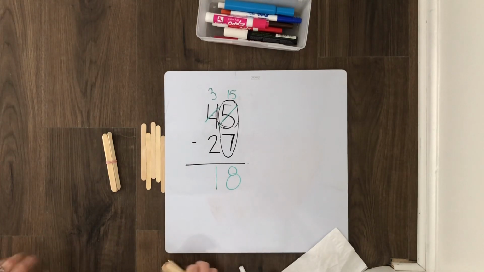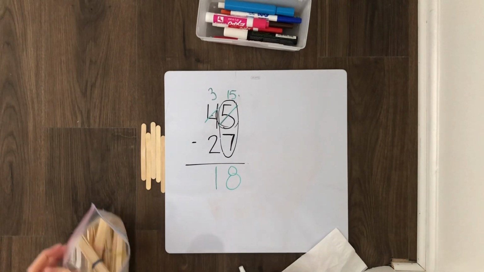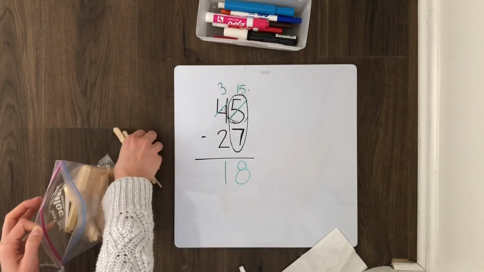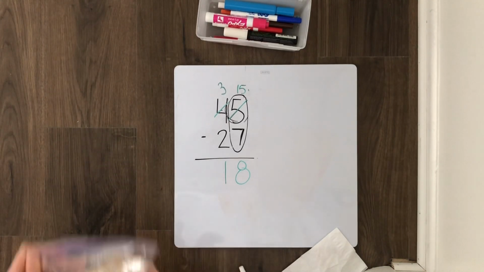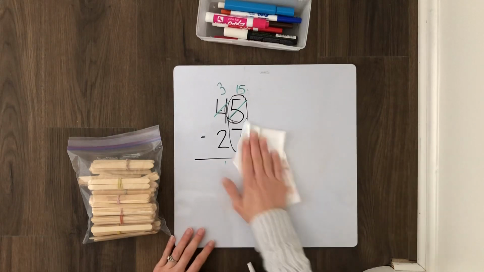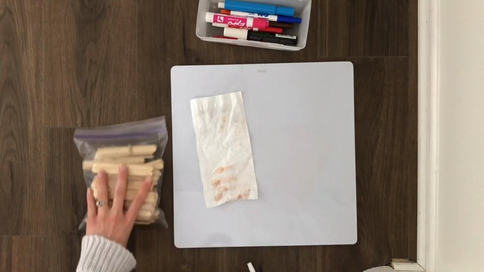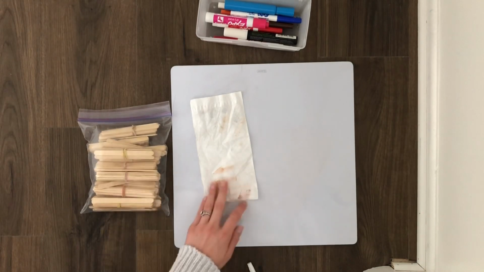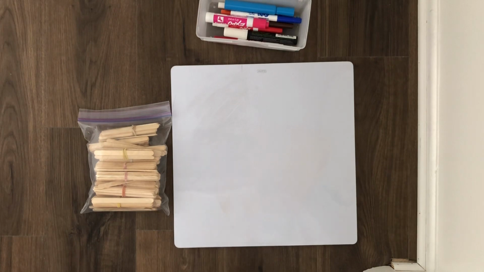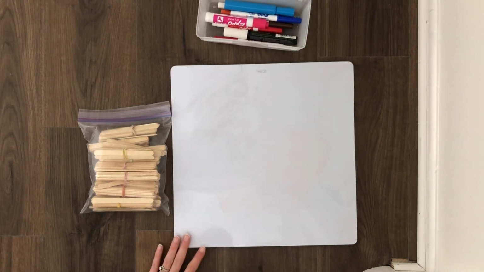Okay, then you're going to put all the popsicle sticks back in your bag and zip it up. Erase your boards. Okay, when the teacher tells you, you're going to go a group at a time to go put your popsicle sticks away.